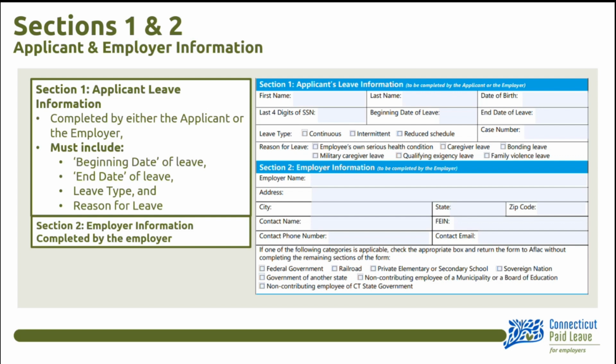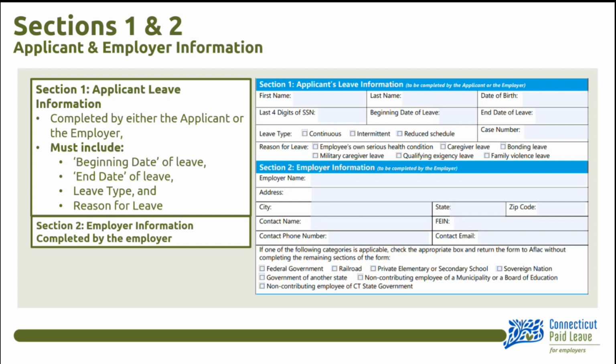The statute that created the Connecticut Paid Leave Program specified that certain categories of employers may not be covered by the program. If they are not covered, their employees do not pay contributions into the Paid Leave Trust and cannot receive benefits. But sometimes those employees will still file a claim.